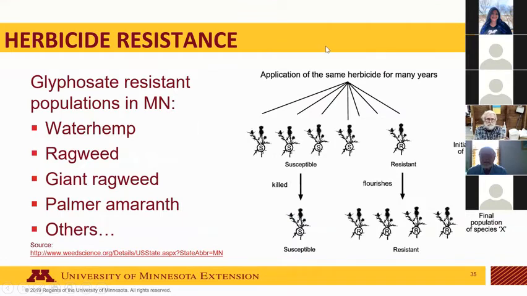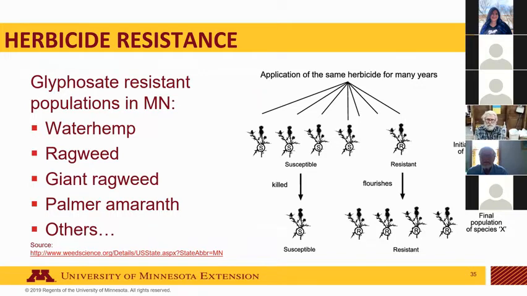Okay, herbicide resistance. So if you've been on the previous webinars, you understand the concept of resistance, where basically if we're going to be spraying the same chemical mode of action on a pest over and over and over again, that pest population over time may develop some genetic resistance to what we're spraying.